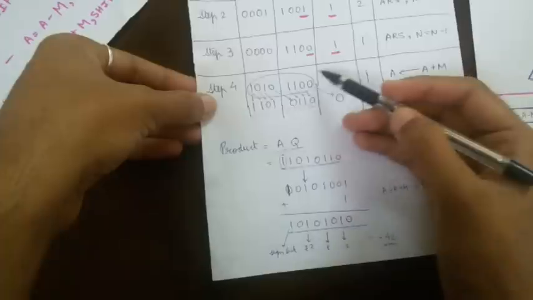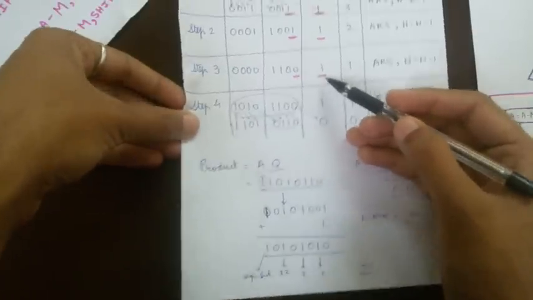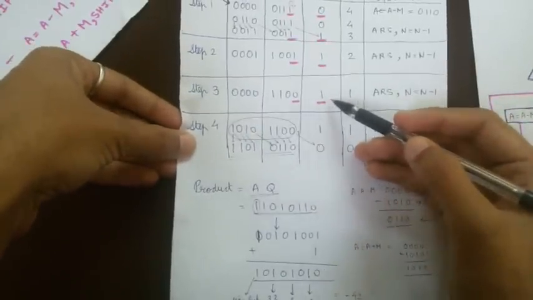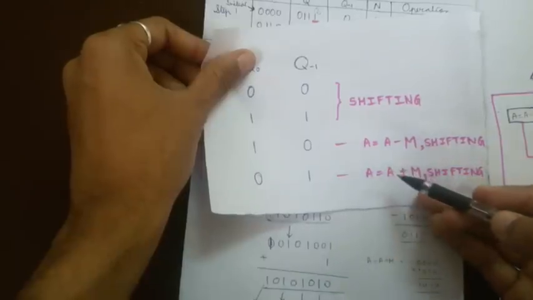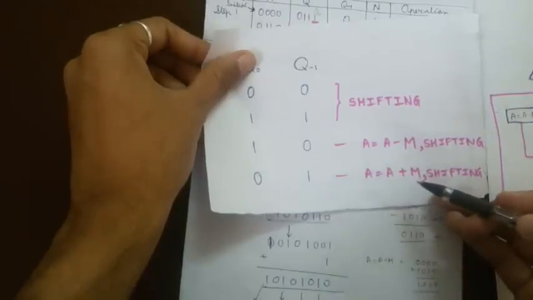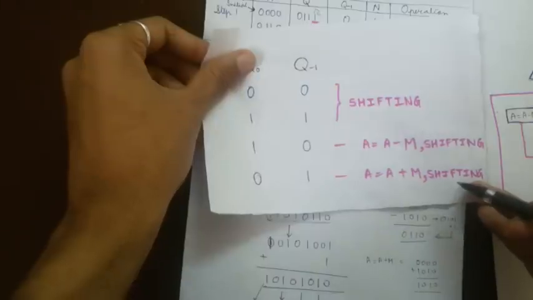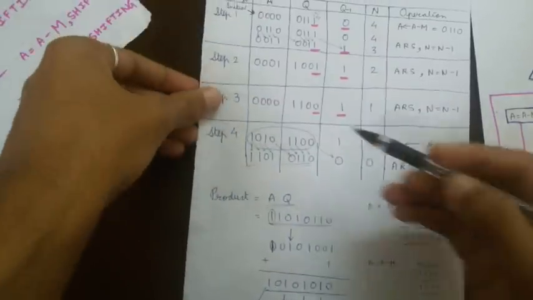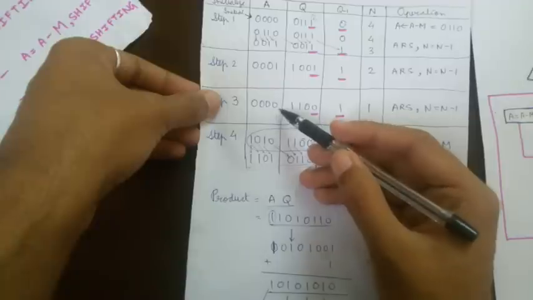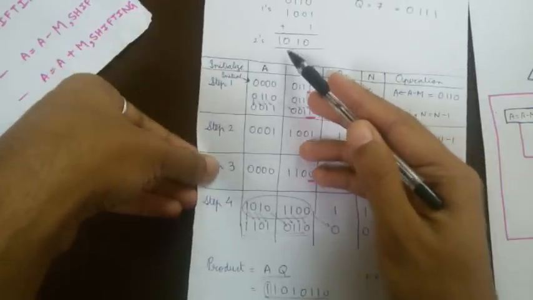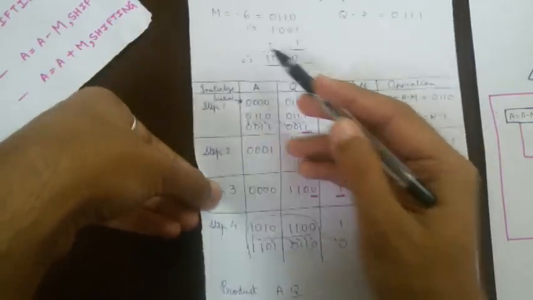Now for step 4, you can see that the value of Q0 and Q minus 1 is 0 and 1. So as per our rule, when the value is 0 and 1, we perform the operation A is equal to A plus M and later the shifting operation. The value in A is 0000 and the value in M is 1010.